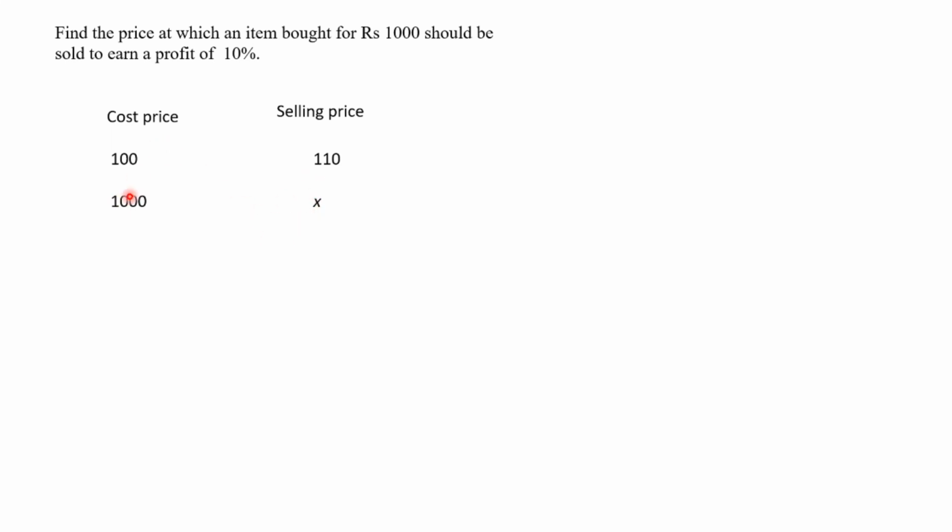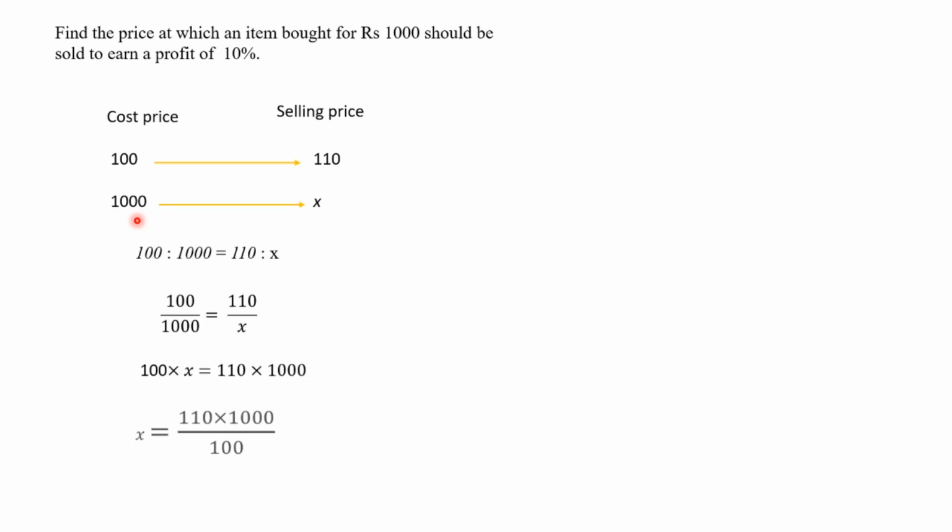You can write these two as a ratio and these two as a ratio, then write it as a division, get the cross multiplication, and find x. The final answer is 2000 rupees, the selling price of our item.